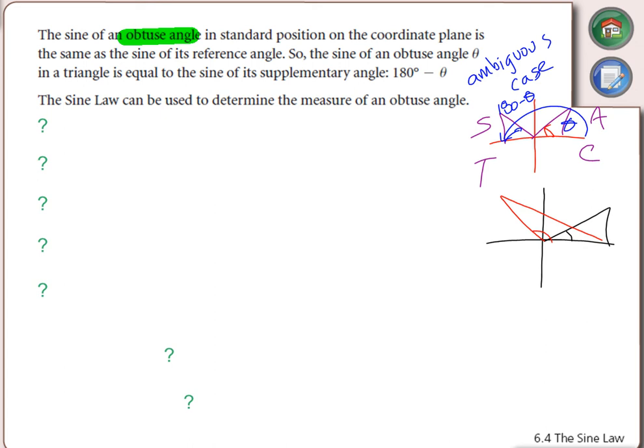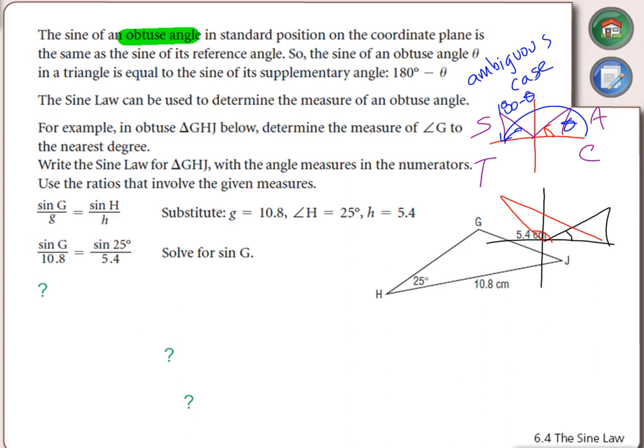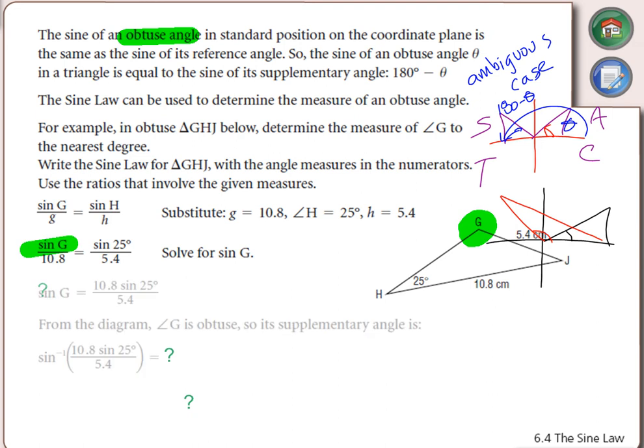Just like in standard position, we had to do the thinking there to figure out which one we're talking about. We got to do the same thing here. Your calculator is only programmed with the small acute angle, not the obtuse angle. So if we're looking for this angle right there, G, I'm going to put it in there. We're going to work it through. Notice what happens as we go through the work.